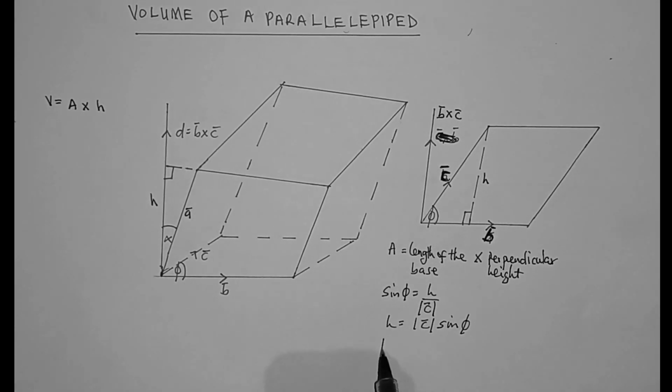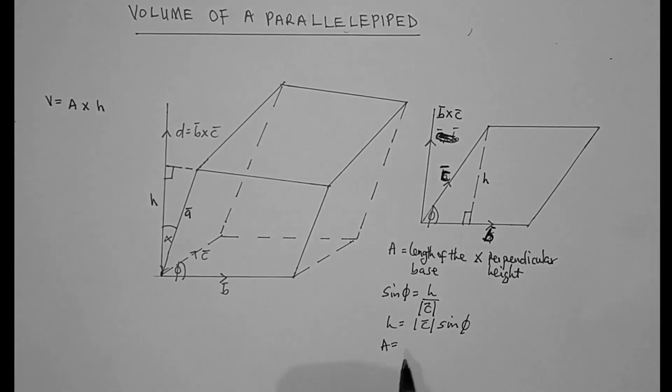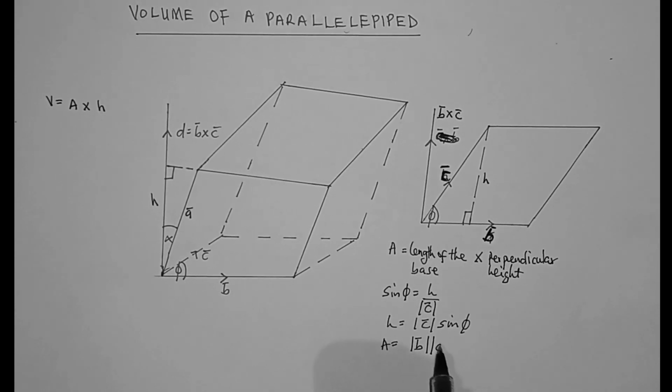Therefore, the area of the parallelogram is the length of the base, which is the magnitude of vector B, times the perpendicular height, which is the magnitude of vector C sine phi.